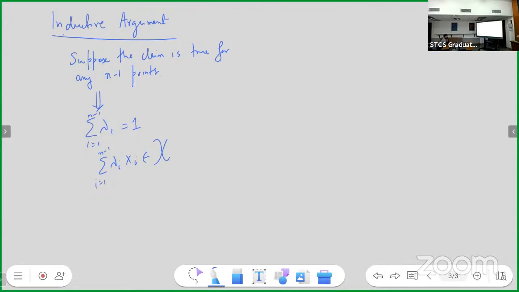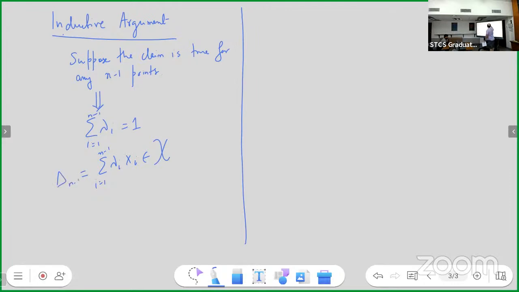So multiply that with lambda and add it with xn times 1 minus lambda. Sorry, I'm not following. So what should I multiply with what? Let's call it delta n minus 1.